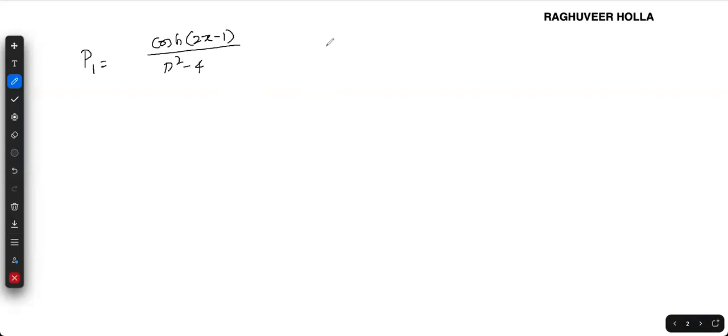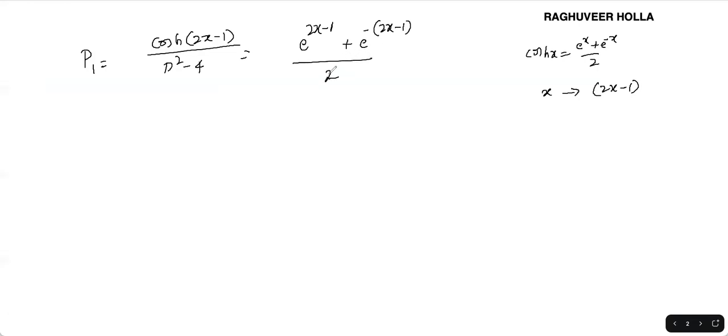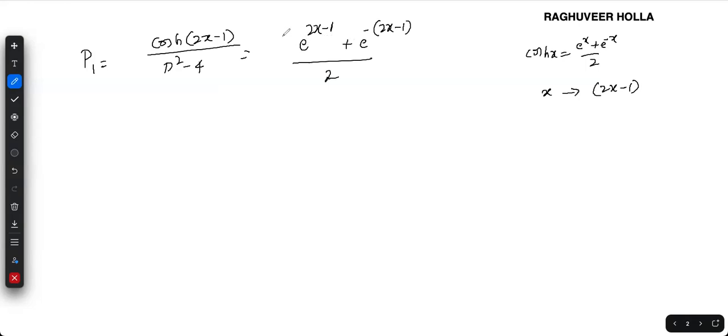So cos h x is e to the power of x plus e to the power of minus x by 2. Here x refers to 2x minus 1. So this will be e to the power of 2x minus 1 plus e to the power of minus of 2x minus 1, by 2, multiplied into 1 by D square minus 4.